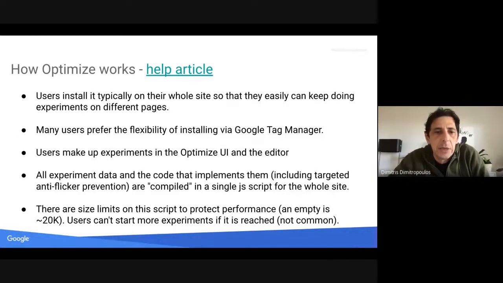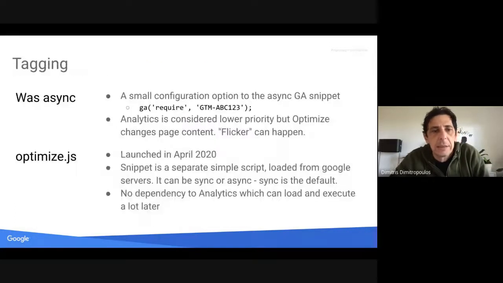In Optimize, we try to guide users towards limiting what their experiments are. There are some limits there in the UI and in the final container script to make sure that we don't harm the sites. We have at least some limits in how much the sites can be affected. We kind of started trying to be more async in Google Optimize. We started by becoming a module of Google Analytics, and that was asynchronous.